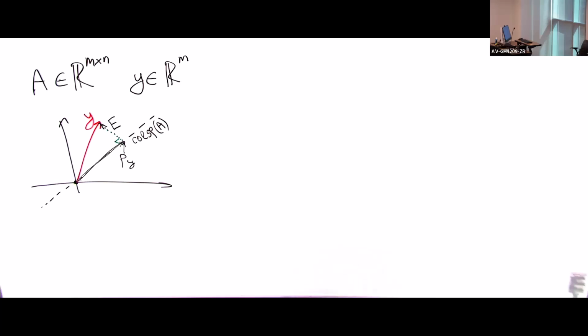Not always, depends on the matrix A. For example, if the vector is in Rn and the matrix is n by n and all of the columns are independent, then you can represent any vector, because this is the entire n-dimensional Rn, so you will have the entire space covered. But some matrices are lower rank, so you cannot represent any vector in n dimensions, or m dimensions in that case. So it will be some sort of projection, but you're looking for the closest one.